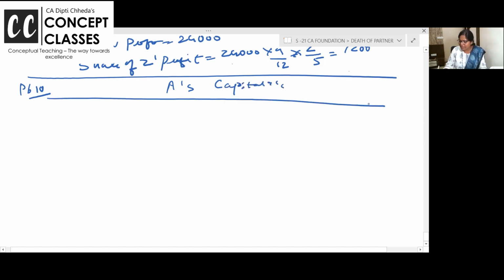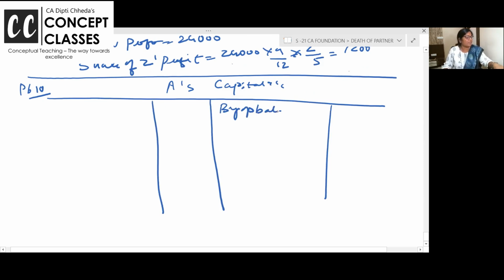We'll see how much we are liable to pay to A, and then last we can transfer. Start with the first line of the problem in which they have given the opening balance. A, B, C. A's balance is 10,000.